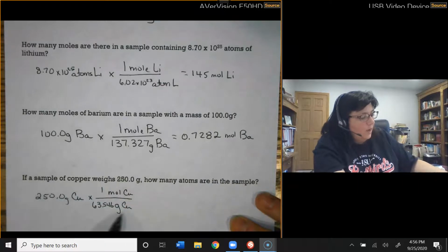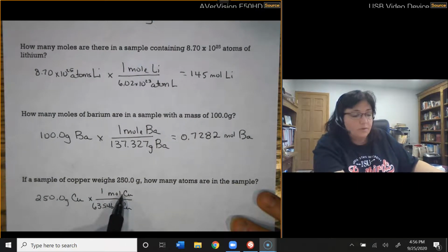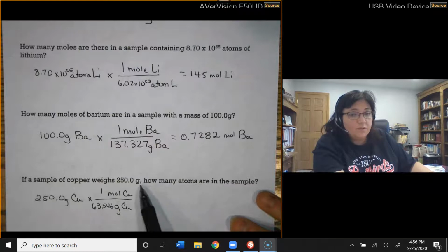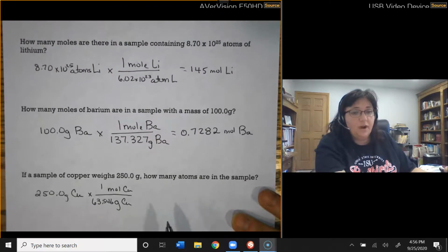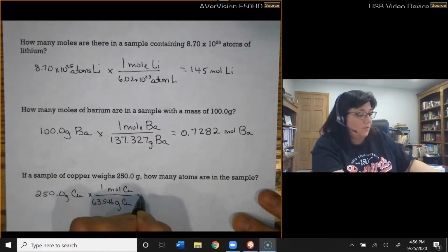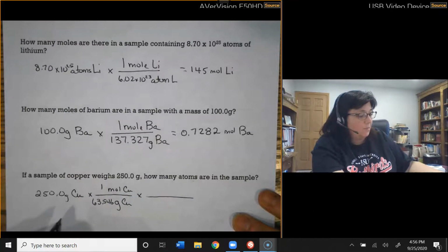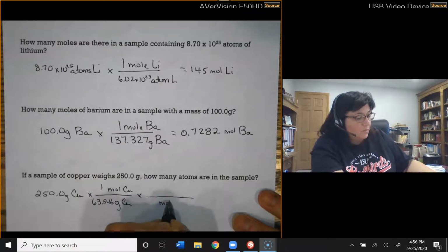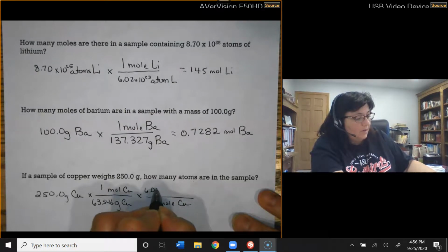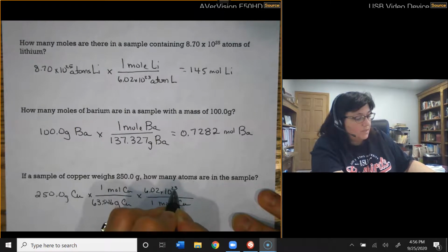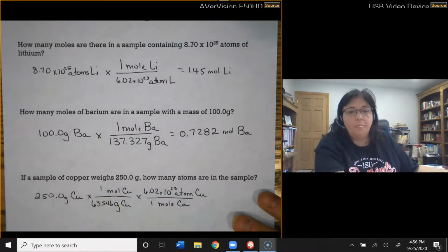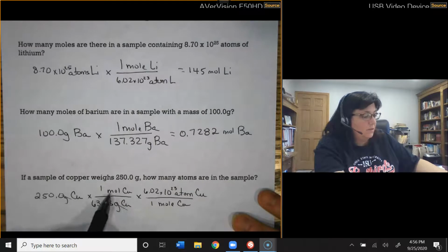63.546. Okay, if I stopped here, my answer's in moles. But I don't want moles, I want atoms. So now I have to use the second conversion factor that we know, Avogadro's number. Moles need to cancel, so moles are going to be on the bottom. Avogadro's number is 6.02 times 10 to the 23rd atoms of copper. So grams will cancel, moles will cancel.